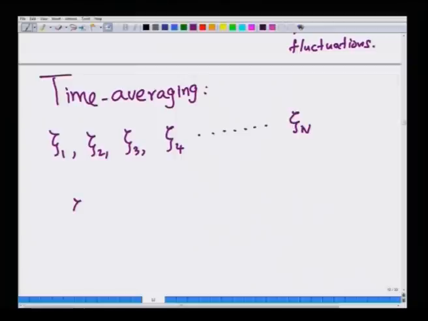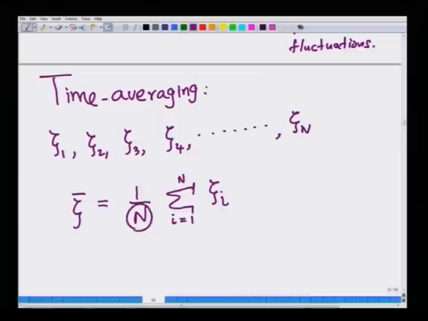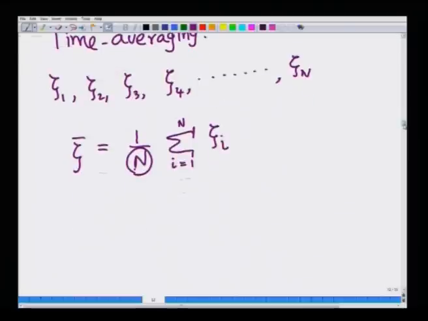Suppose you want to know the average of such n measurements, you will simply add all the values at various times that you have recorded using some instrument, and divide by the total number of measurements, that is n. This is the time average when you take readings at discrete values of time.